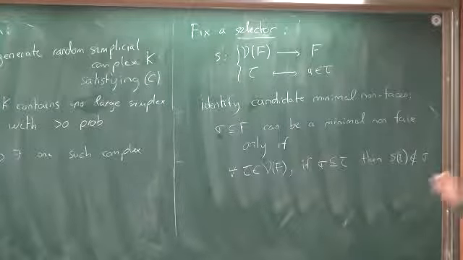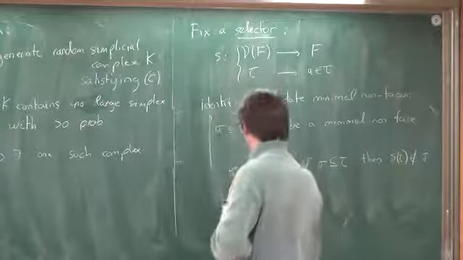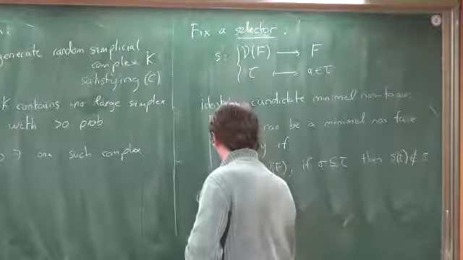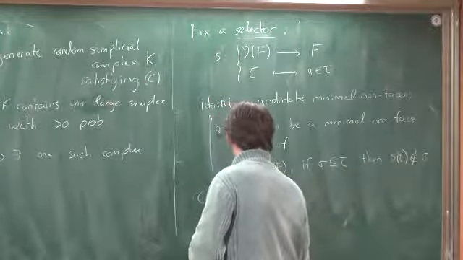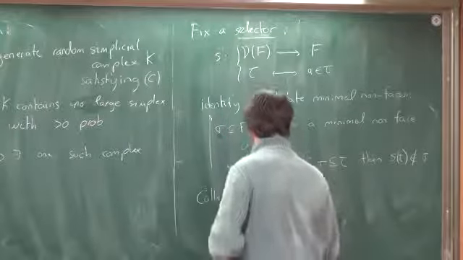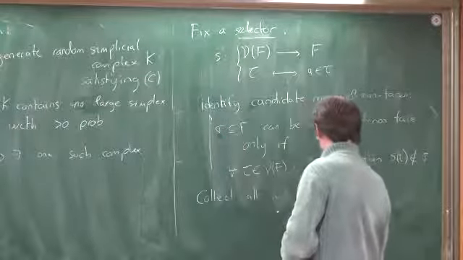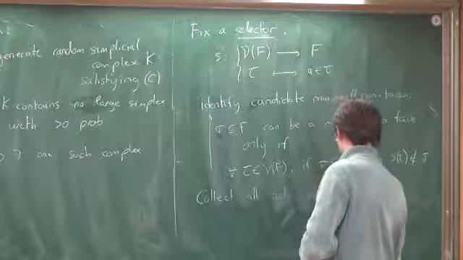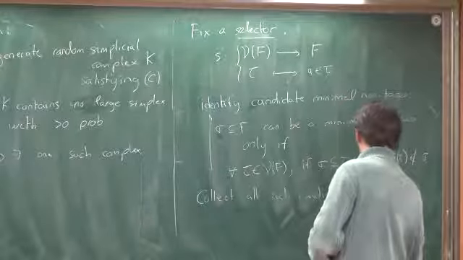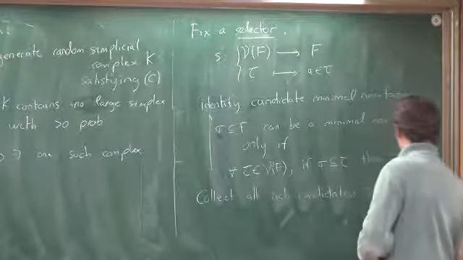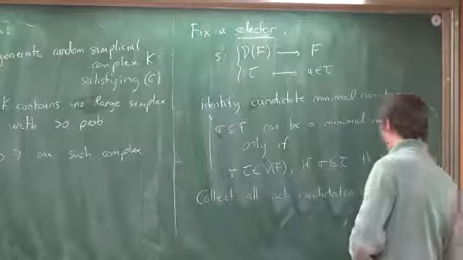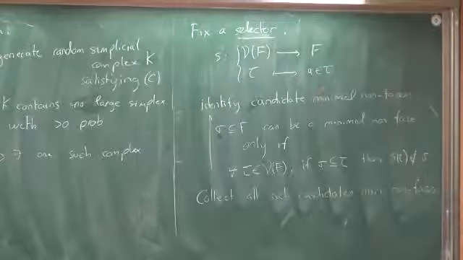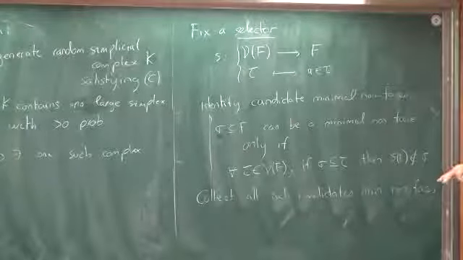So I collect all such candidate minimal non-faces, and I pick the smallest possible anti-chain, and that gives me the complex.